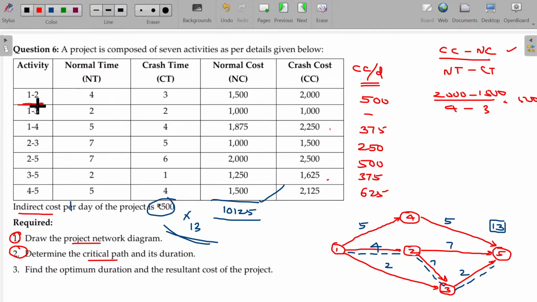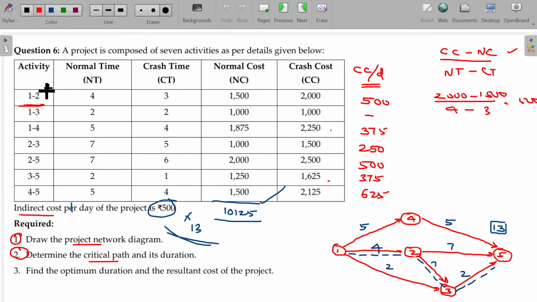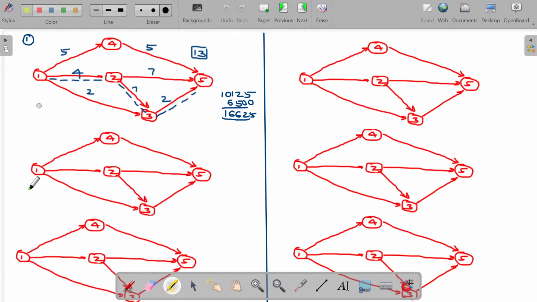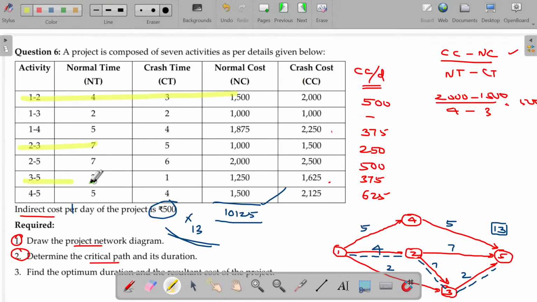1 to 2, 2 to 3, then 3 to 5. Okay, the crash costs involved are 500, 250, 375.